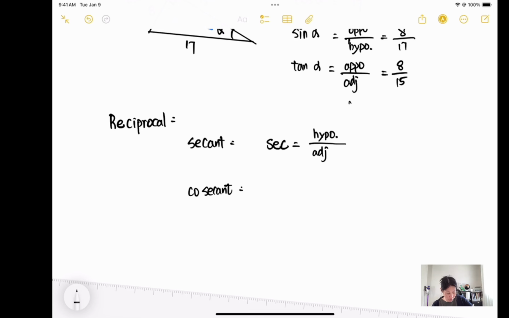The definition of cosecant, CSC, is equal to the hypotenuse over the opposite side. And then we have cotangent. Cotangent, COT, is equal to the adjacent over the opposite one.